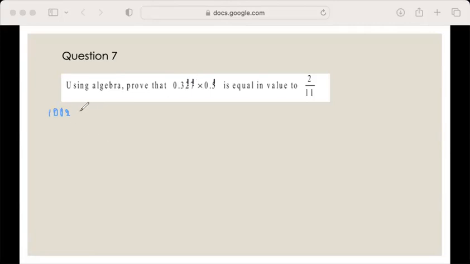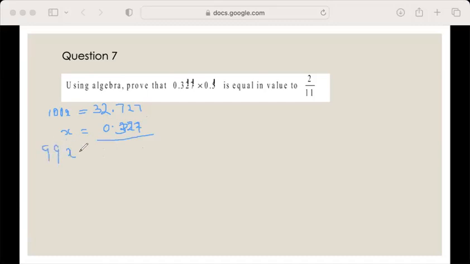So 100x will be equal to 32.727, right? And 1x is 0.327.